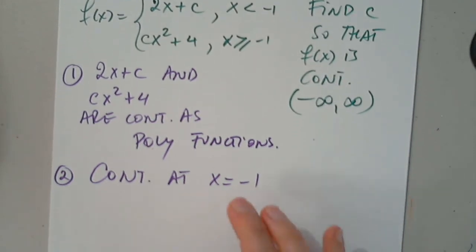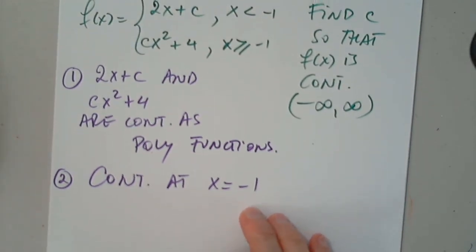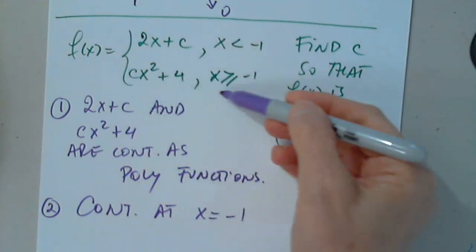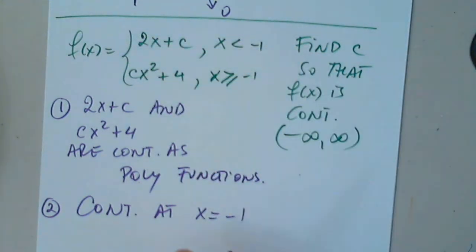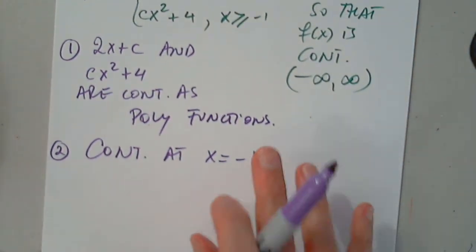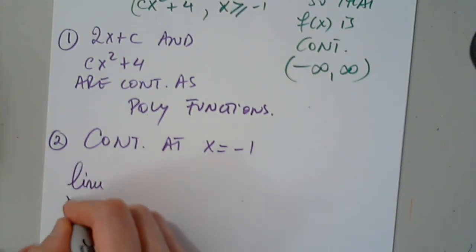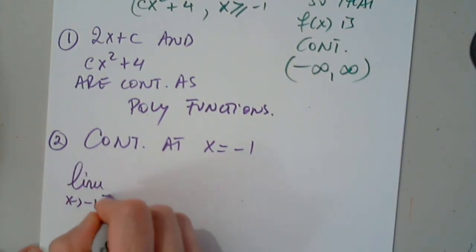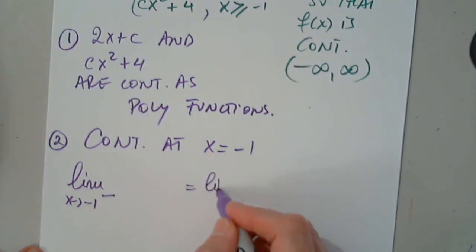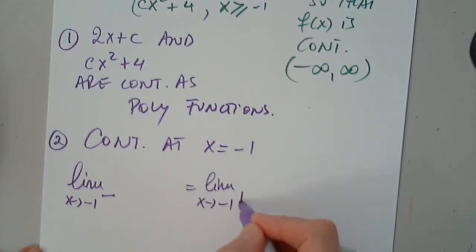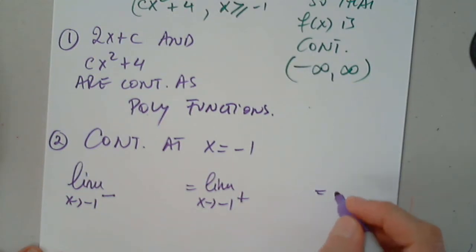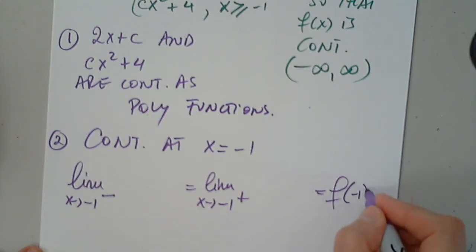What has to happen at -1 so that this function is continuous everywhere? And that is the definition of continuity at a point. Limit as x approaches -1 from the left must equal the limit as x approaches -1 from the right, which must equal f of -1.